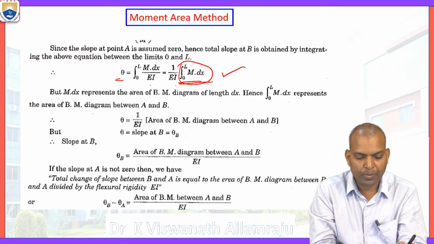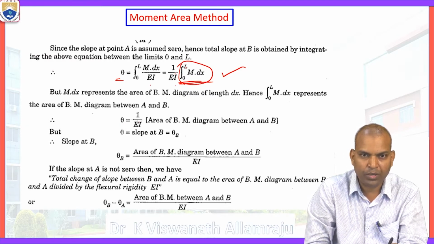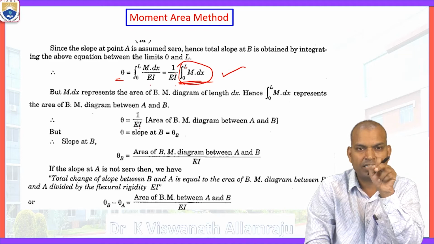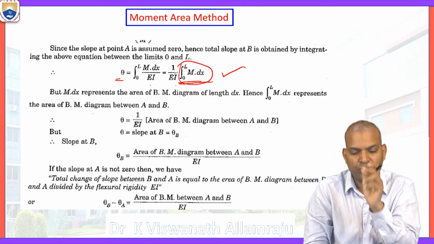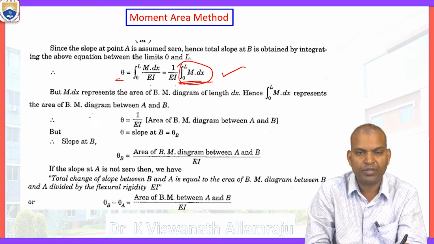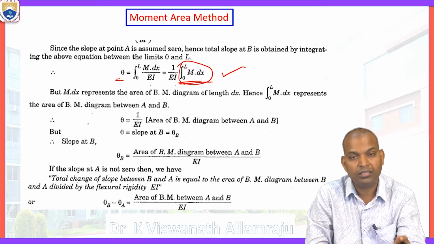Now what is the slope? Slope equals 1 by EI times the integral from 0 to L of M dx, which is nothing but the area of the bending moment diagram between A and B.